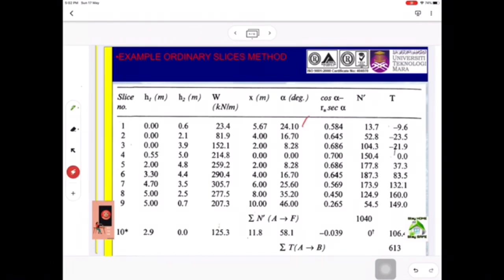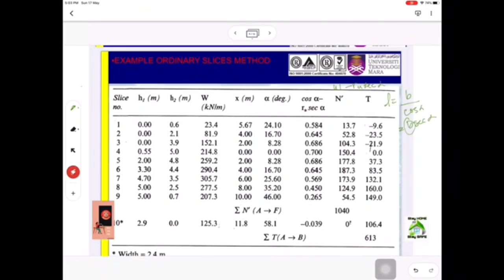And then alpha as usual. For this time, instead of using UL, you use RU second alpha.